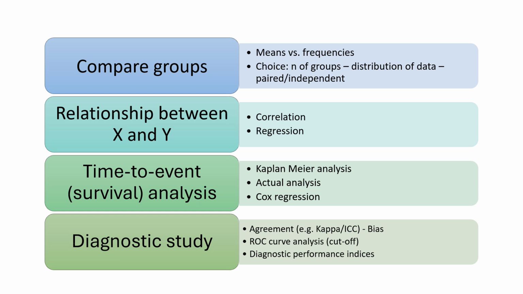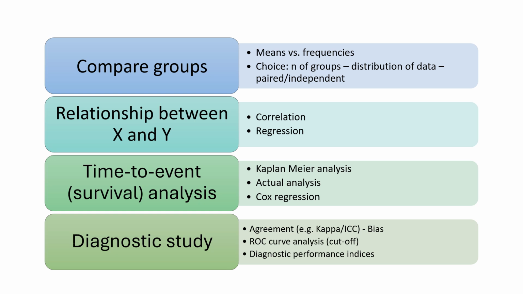The other factor that will determine the type of the test is the number of groups, the distribution of the variable, normal versus not normally distributed, and whether the groups are paired or not.